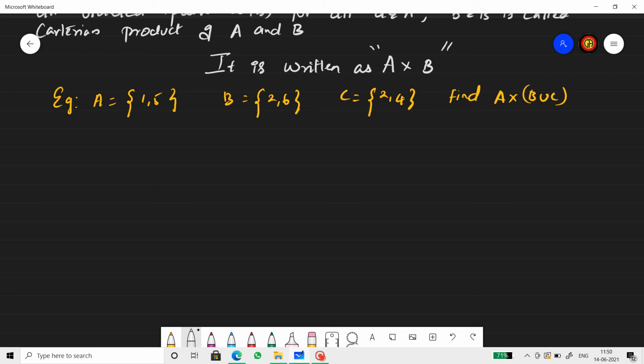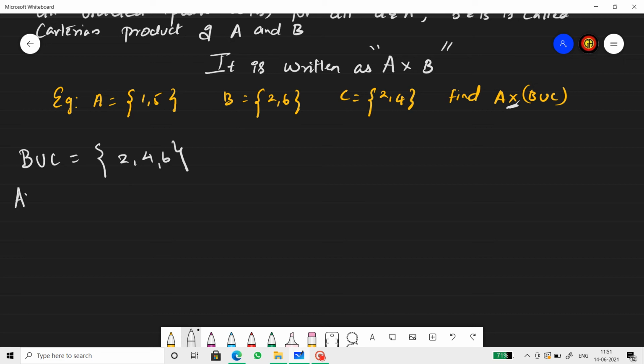Now they want us to find A Cartesian product or A cross of B union C. So first thing is to find B union C. What is union? Clubbing B and C set, isn't it? When you club B and C set, we get 2, 4, 6, right?